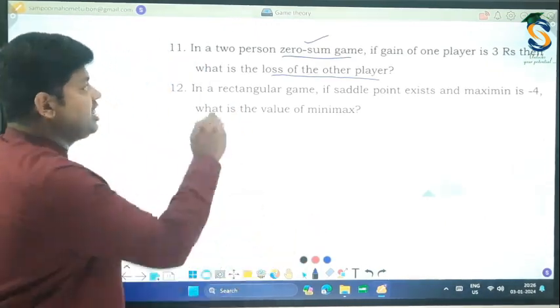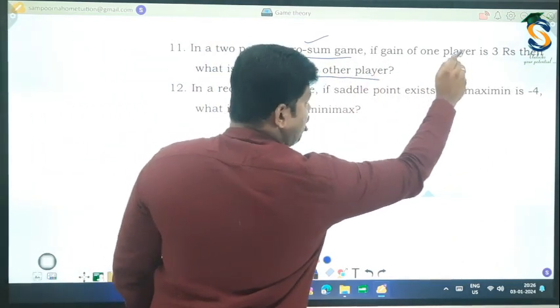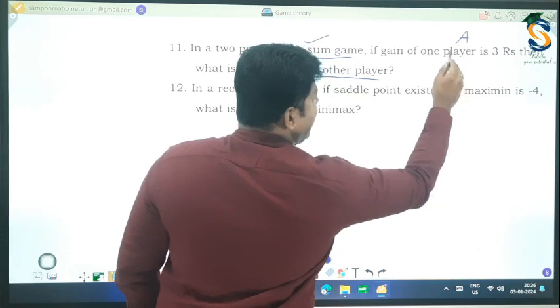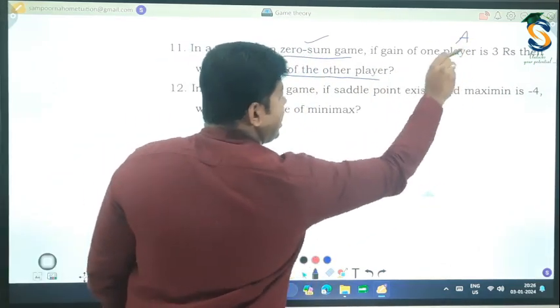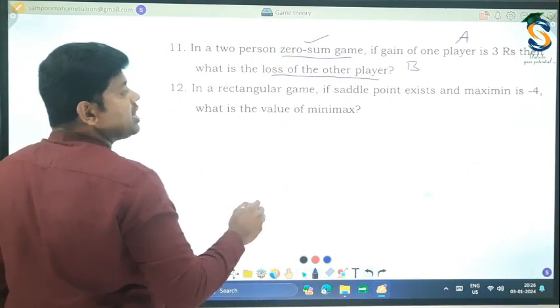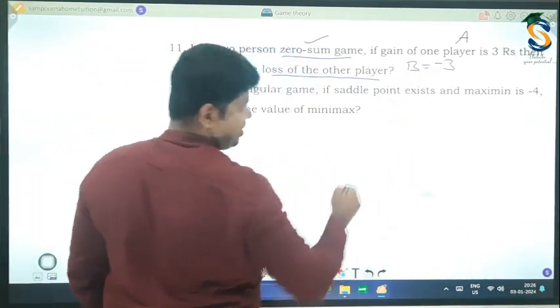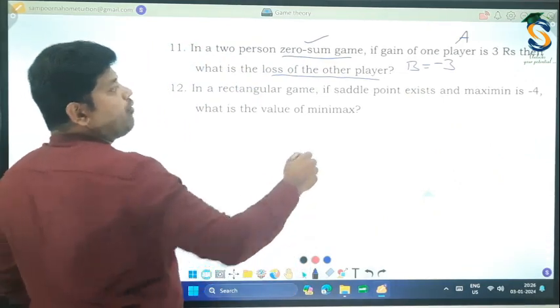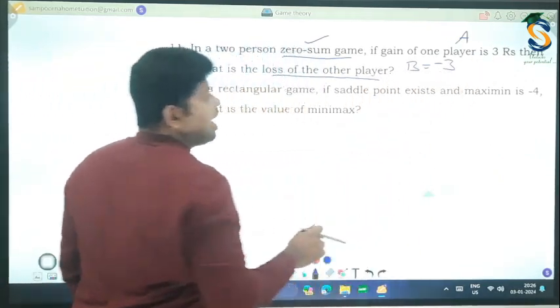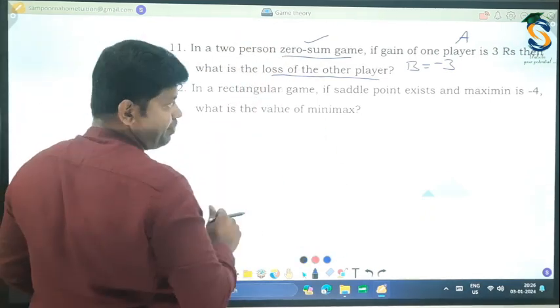That means in this question, if the player A, assume, has a gain of 3, then obviously the other player, B, the gain will be minus 3. Simple. Because when we add these two, the answer will be 0, hence we say it is a zero-sum game.